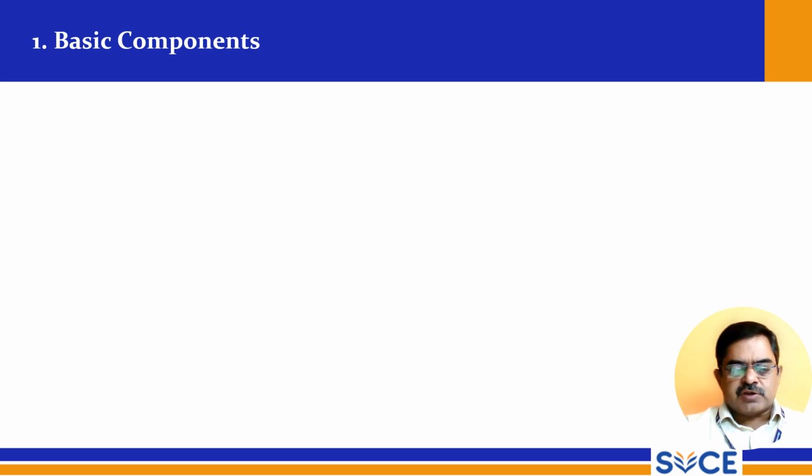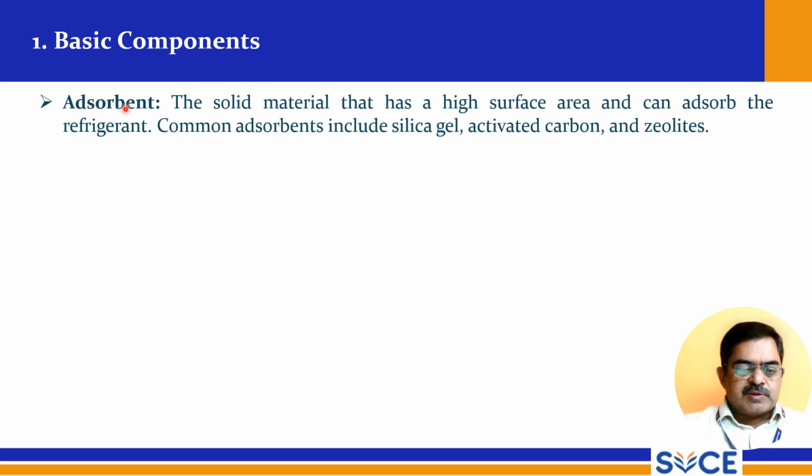The basic components of this system: the adsorbent, a solid material that has a high surface area and can adsorb the refrigerant. A very simple example: in the beginning of the day, after leaving a water can overnight, you can see small bubbles deposited on the surface of the bottle.